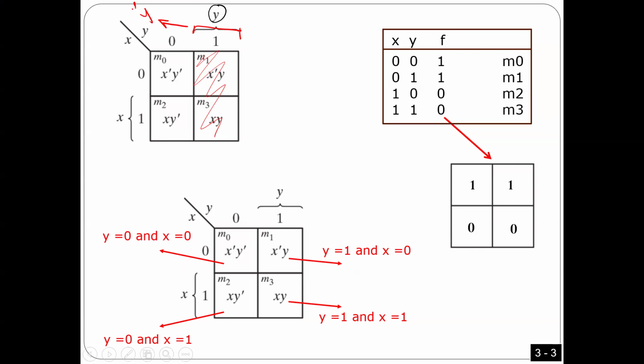So if one area is X or Y, the other area should be X prime or Y prime. Here in this square and this square, we have the term Y, but any other squares should have Y prime.